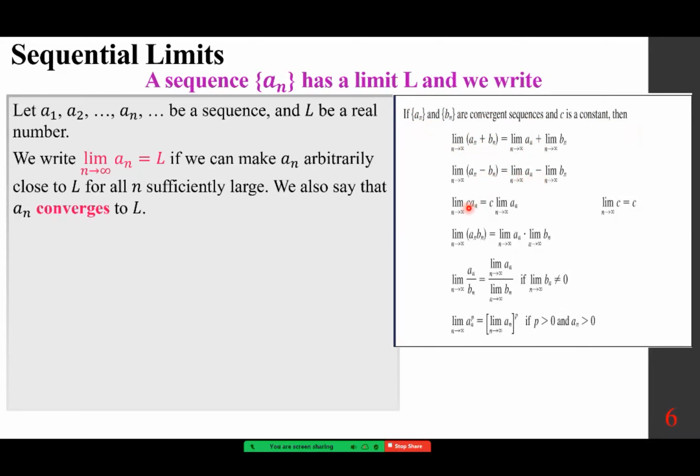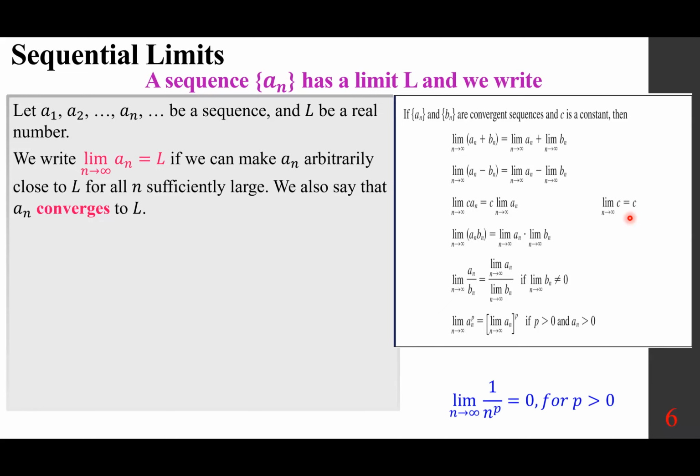If you multiply it by a constant, you can take it out. The limit of the product is the product of the limits. The limit of the ratio is the ratio of the limits. Of course, the denominator can't be 0. The limit of a constant is the constant. We will look at a couple of examples, but like I said, we just plug in and observe. That would be the best course of action.